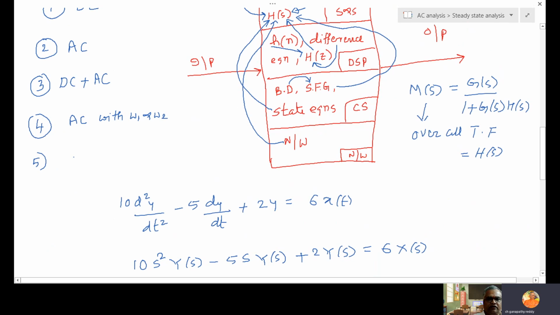Input can be an impulse, it can be a step, it can be a ramp. So these are all the different possible inputs we may apply. Don't take a triangular wave, square wave, or sawtooth waveform, because those contain too many frequency components.